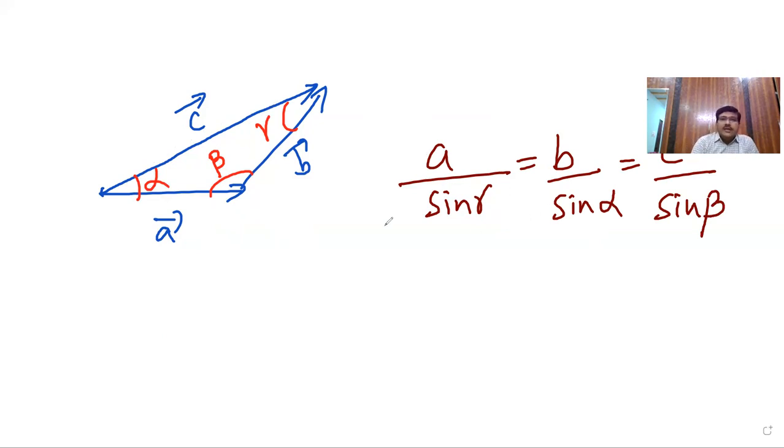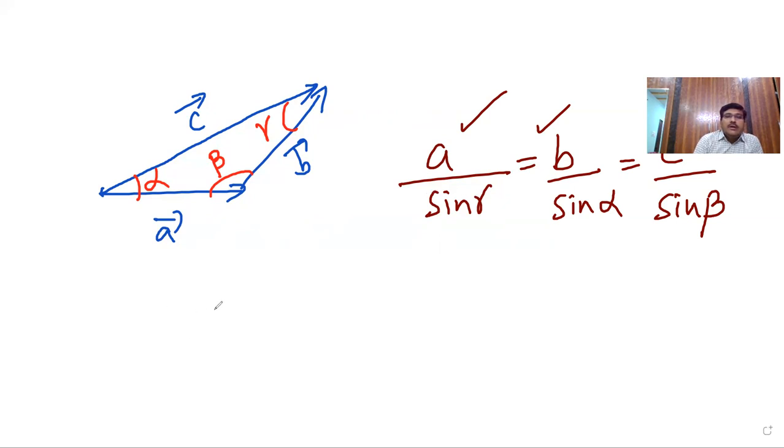By equating any two of these, either the first two or the second two, once one angle is known, the remaining angle can be easily found. And you can make use of this in the parallelogram law.